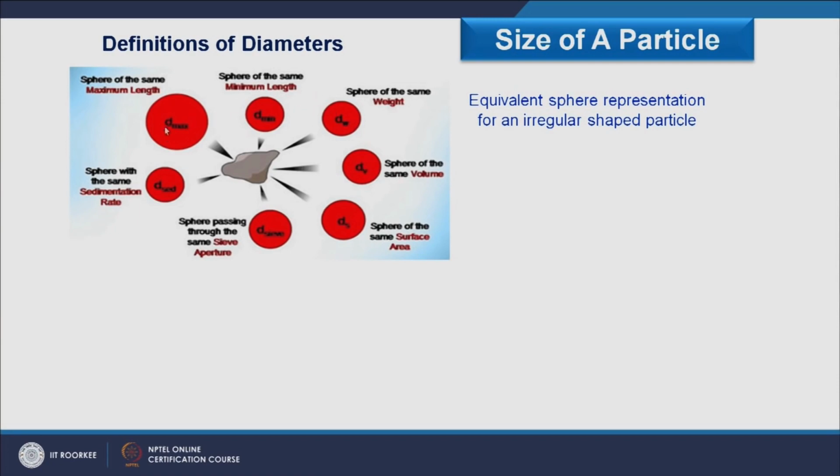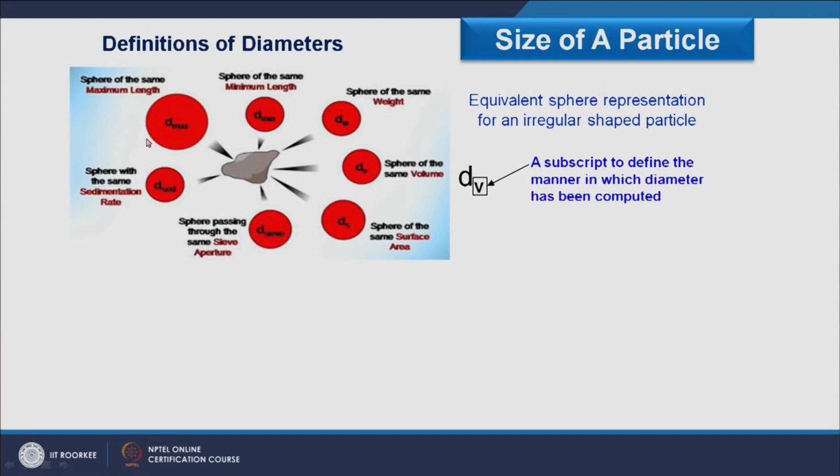Everywhere you see it represented as d with a subscript for the equivalent property, like dV, where V is a subscript to define the manner in which the diameter has been computed. So you can see there is only one particle, and look at how many ways we can define the particle diameter. It depends on for what purpose we are using it, what property we are using to equate the particle with the sphere.